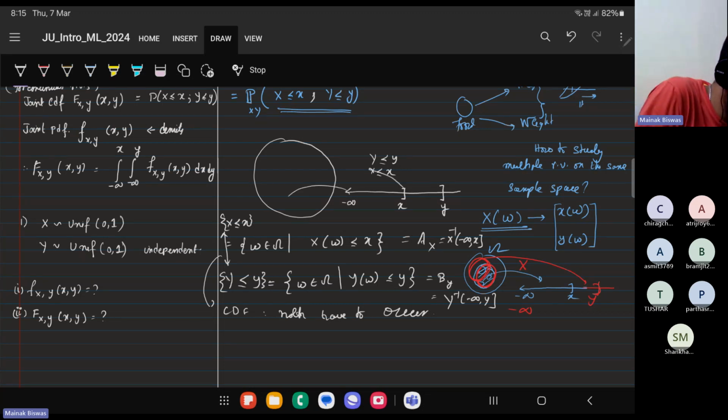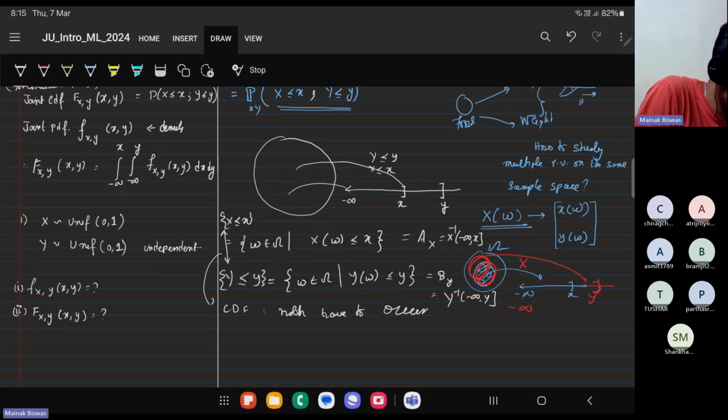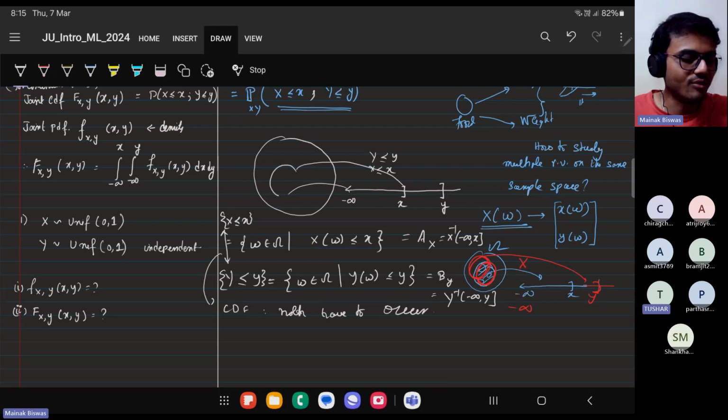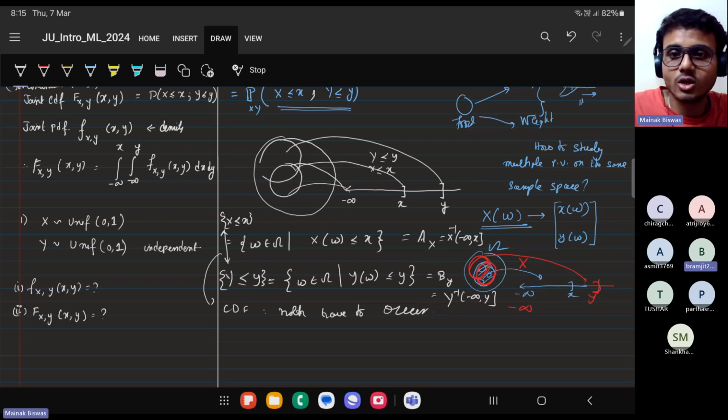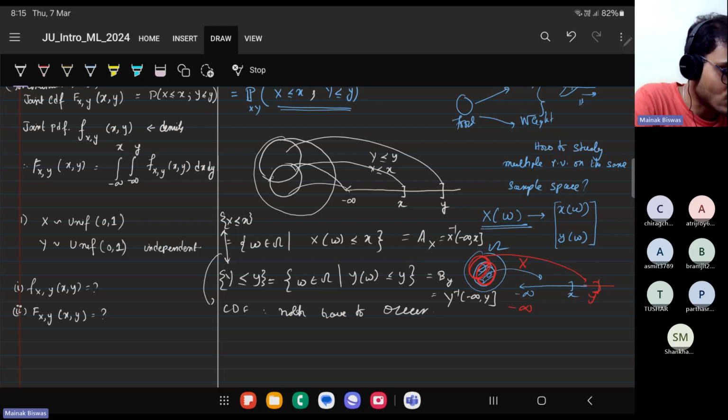There will be a set of events which map to minus infinity to x for the random variable X, just like the set of food that gives you more muscles, maybe more immunity and more height. Similarly, from minus infinity to y, you may have another set of events like this, right? But what is important to you is the place where both of these occur. So this is what the CDF would mean.